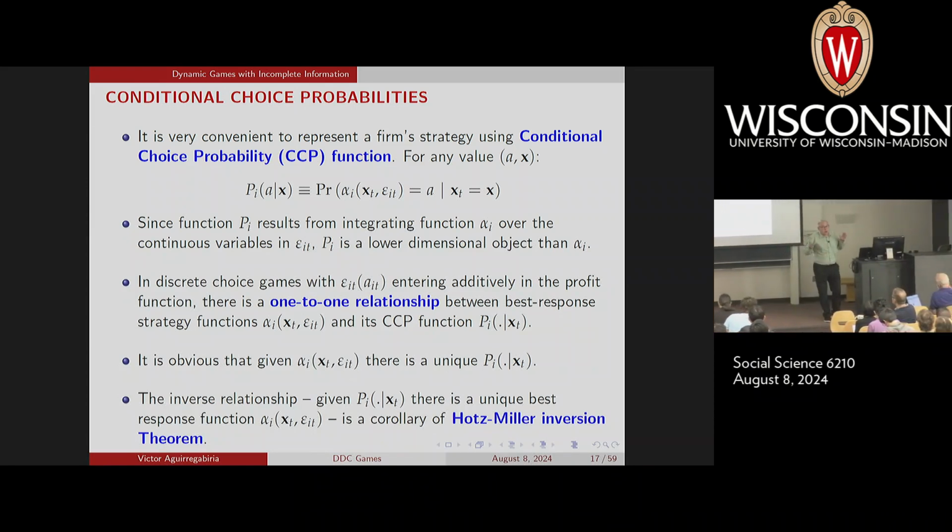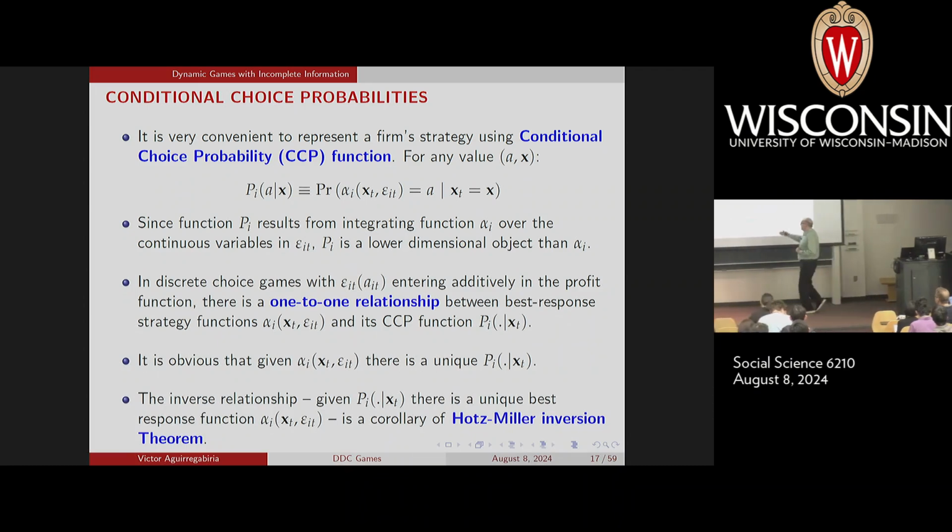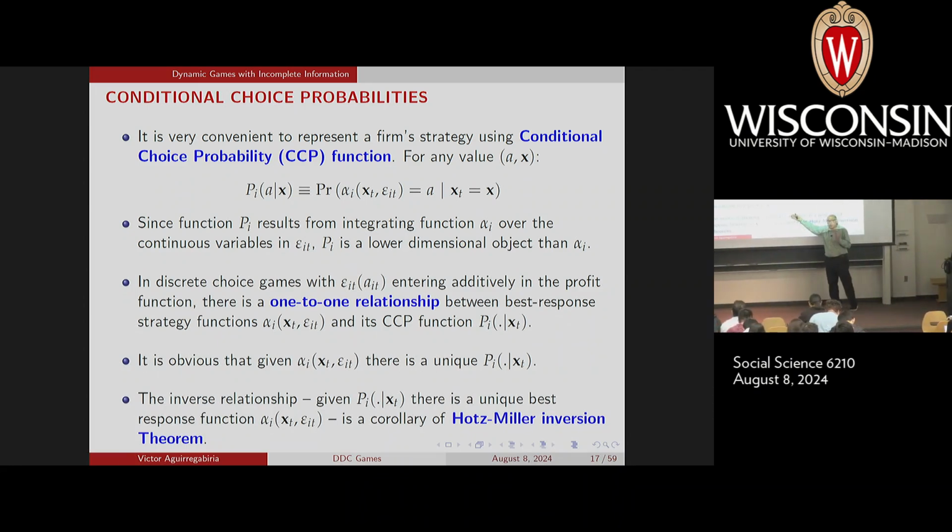And there is not any loss of information, again, given that epsilons are additively separable, in using this probabilistic representation of the strategy functions instead of this, okay?